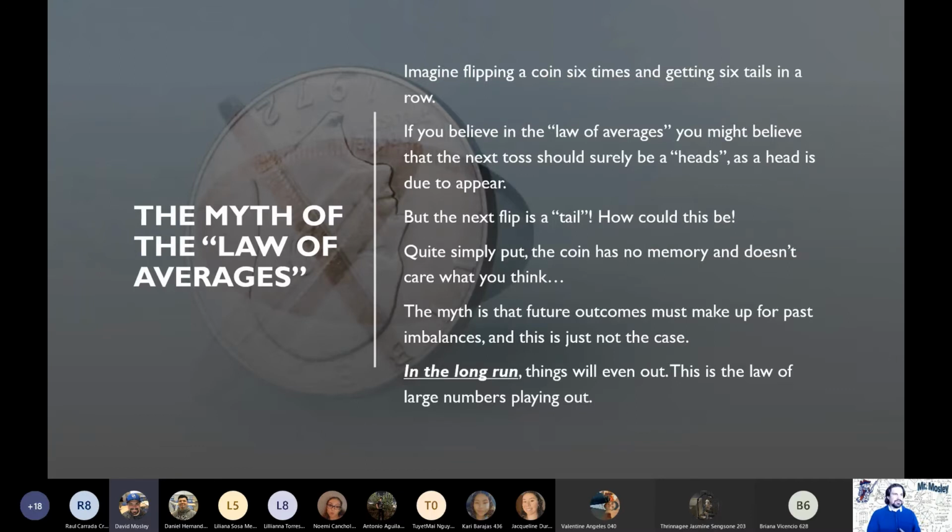But as we all know, the house is always favored, meaning they always have the advantage in all the casino games, and the probability of you winning is minuscule. So there's that.